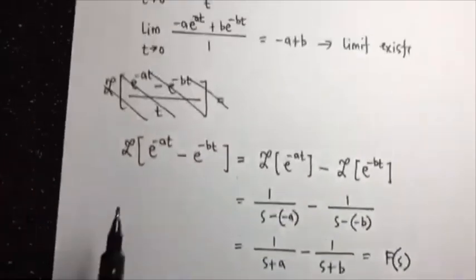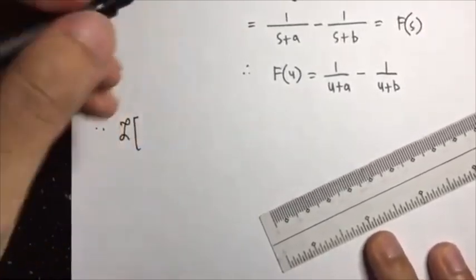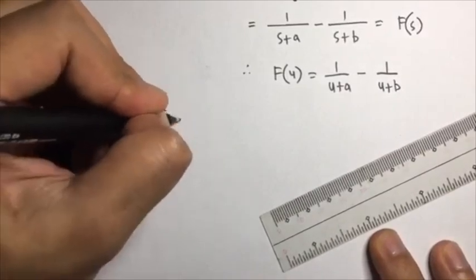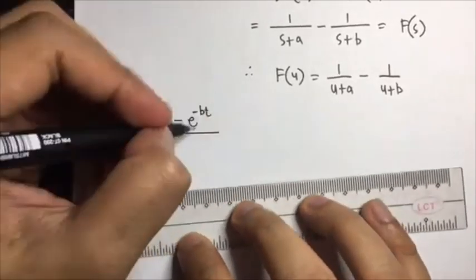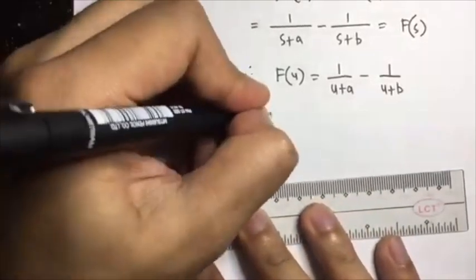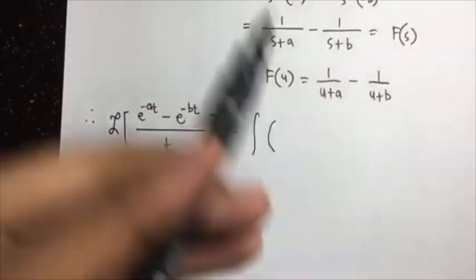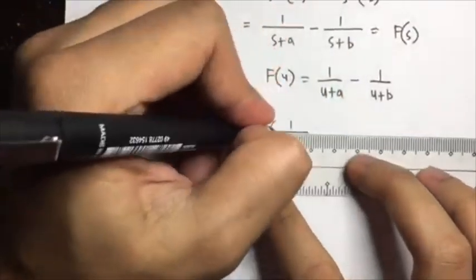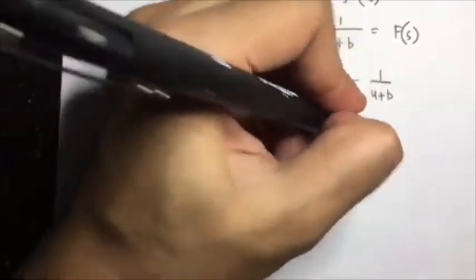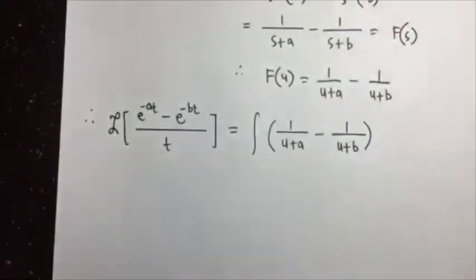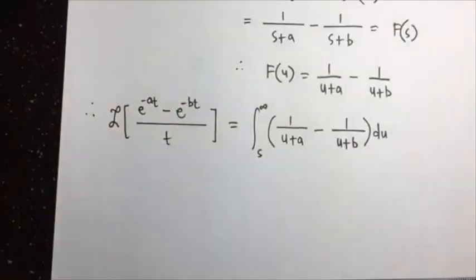So rewriting this, the Laplace transform of e raised to the negative at minus e raised to the negative bt all over t is equal to the integral of F of u, which is 1 over u plus a minus 1 over u plus b, du from s to infinity.